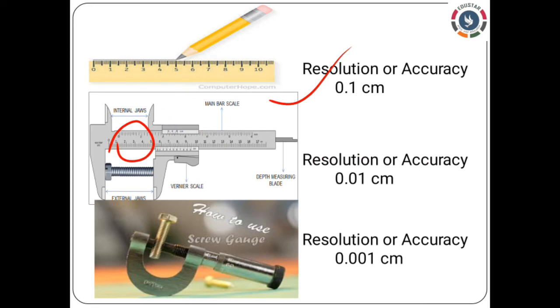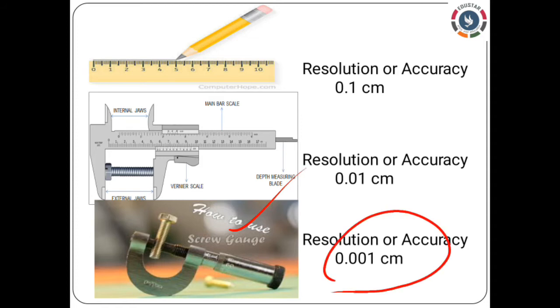And then the screw gauge. This is the screw gauge. It serves the same purpose: length, breadth and diameters of materials can be measured. Its resolution is 0.001 centimeter, which is equal to 0.01 millimeter.